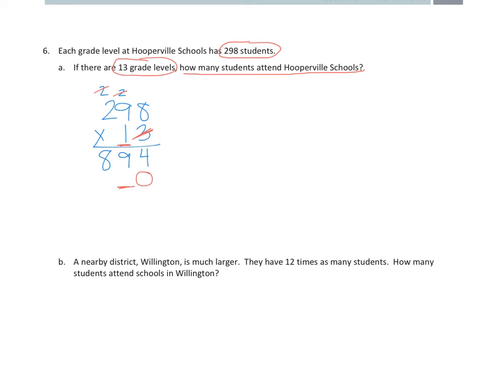And good thing, I'm multiplying by 10, so that means all the numbers in 298 are going to be the same, because anything times 1 is the same number. So I have 2,980. Add those together. I get 4 in the ones. 9 plus 8 is 17. And then 8 plus 9 is 17, plus 1 more is 18. And carry my 1 in the thousands. 2 plus 1 is 3.